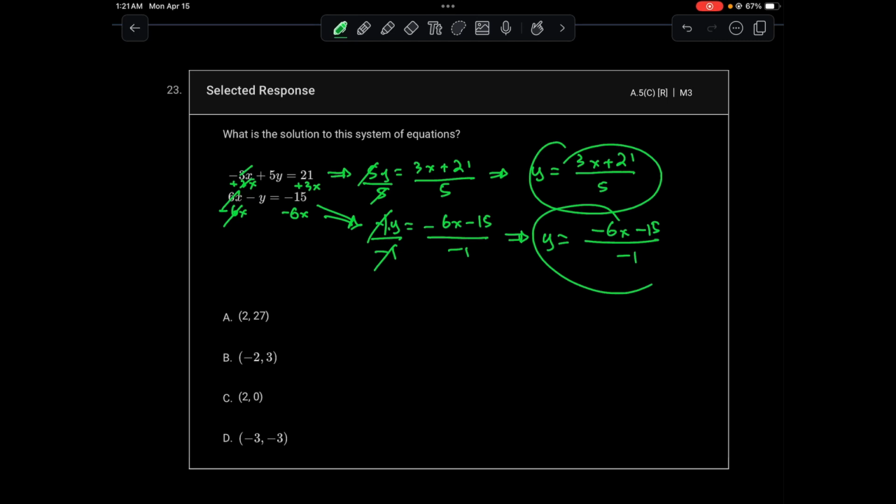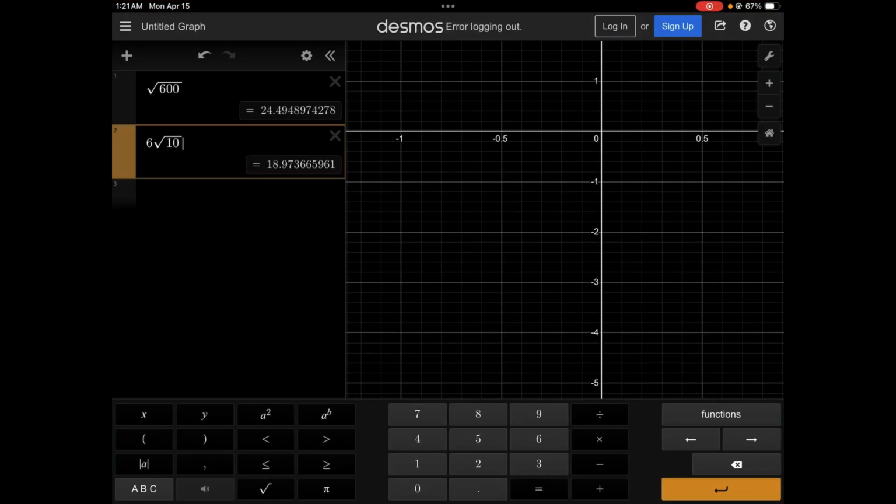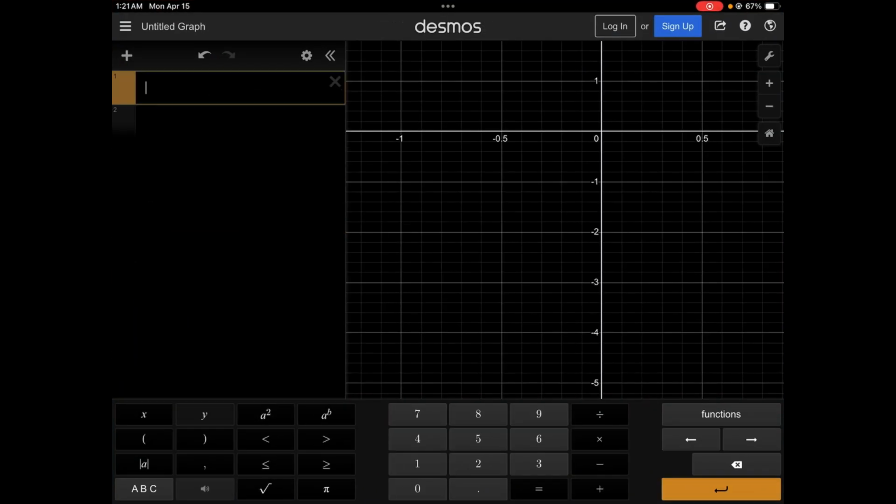Now I'm going to put each one of those on the graphing calculator and find where they intersect. If they don't intersect, if they are parallel lines, there is no solution. And if they are identical lines, there are infinite solutions, because each point is a solution. Alright, 3x plus 21 over 5. Y equals 3x plus 21 over 5.